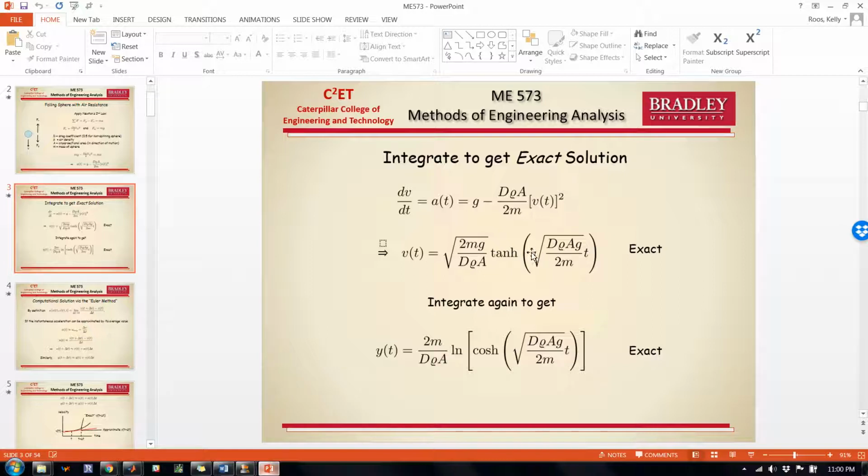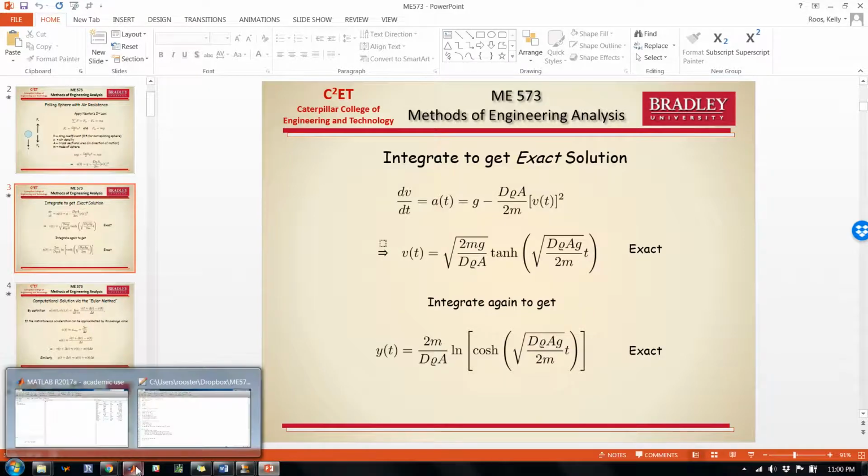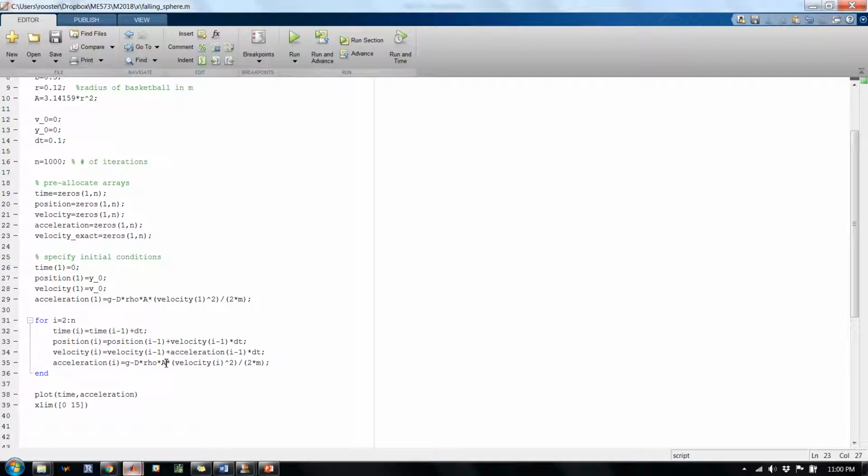We're going to evaluate this function at each successive time, which means we're going to use the time array for evaluating this back in the script here. Now, let's also give this an initial condition, which just means I'm going to evaluate it at time 1, which is 0.